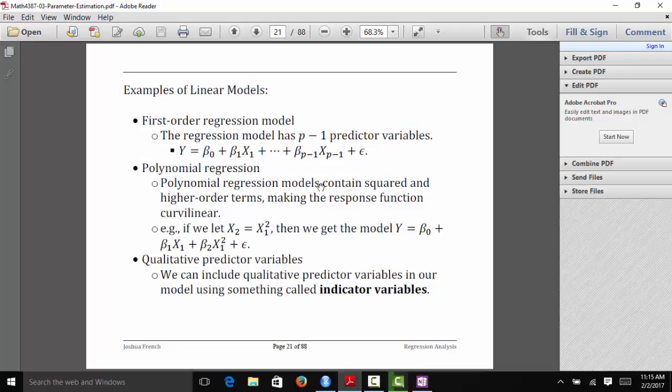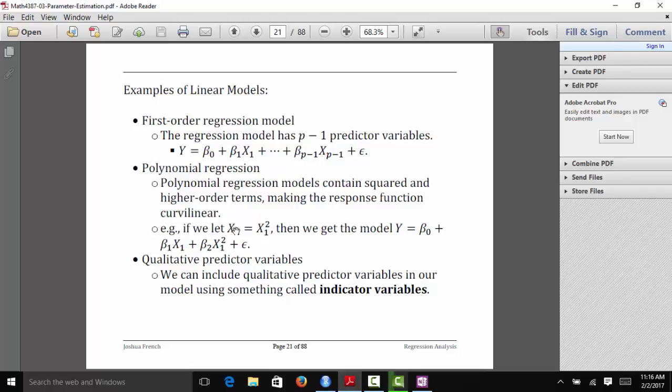So let's look at some examples of linear models. A first order regression model is just a typical regression model that has p minus 1 predictor variables, so we have this linear combination of our regression coefficients multiplied by our predictor variables. Polynomial regression is a situation where you take square terms or cubic terms and higher terms of your predictor variables in order to create your regression model.